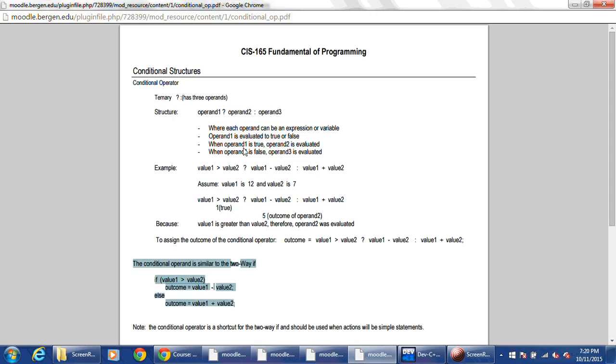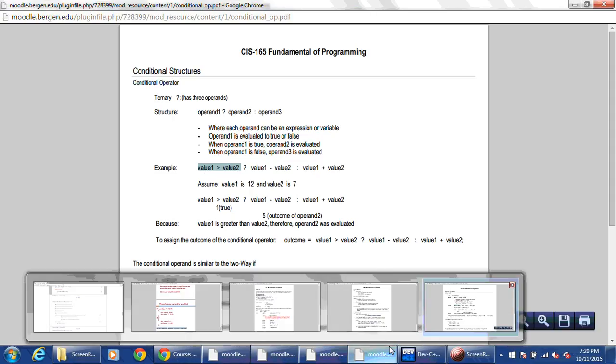So the ternary operator is basically an if-else. Again, this expression could be a combination of multiple relational and logical operators with operands. And that's about it.